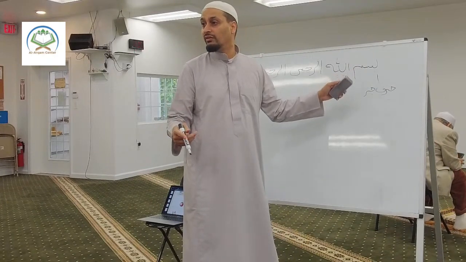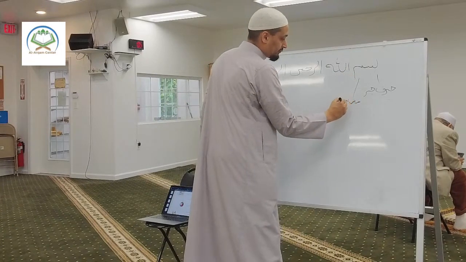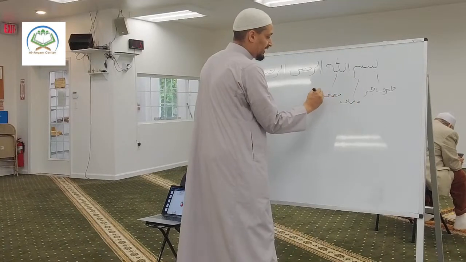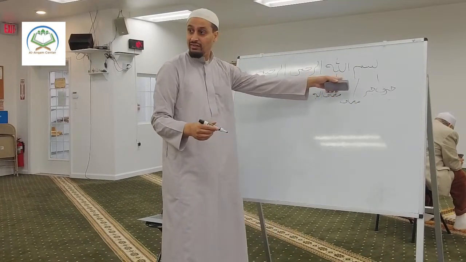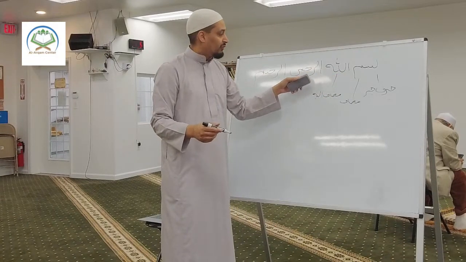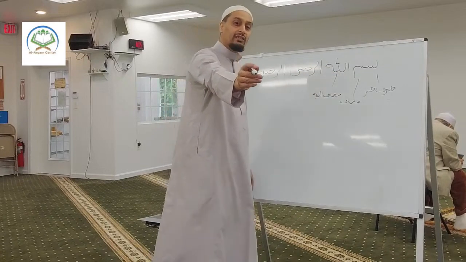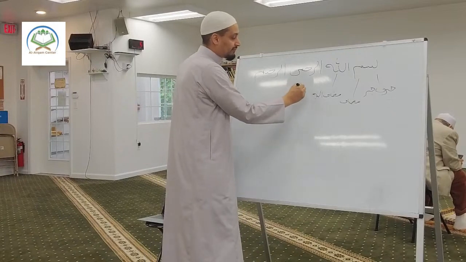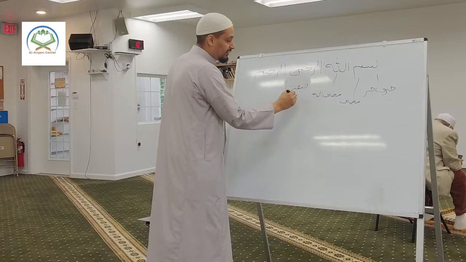You've already done this: mudaf, mudaf ilayh. So this is mudaf, this is mudaf ilayh. Now, you've also done this. This is definite. Ar-Rahman, all merciful. What is Ar-Rahman now, of Allah? Sifa. So this is sifa number 1.